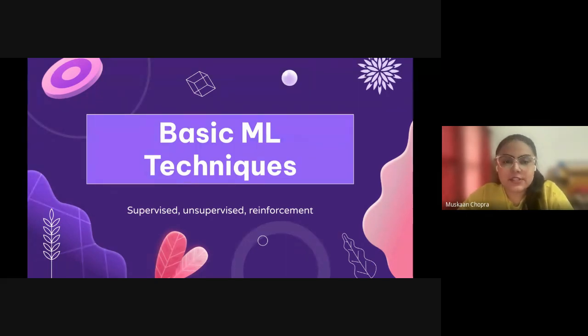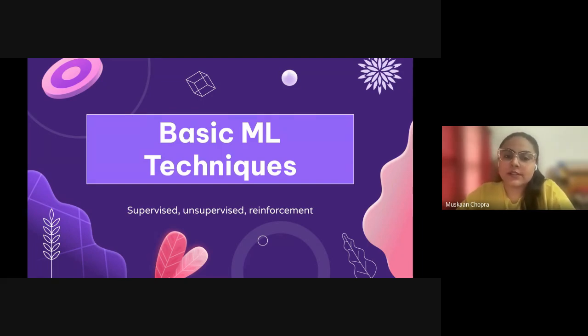This means that each data point is given a label for the training process, and the goal is to train a model which can predict the output of new data points. For example, if you have a dataset of images of cats and dogs, you can use supervised learning to train a model that can predict whether the image is a dog or a cat.